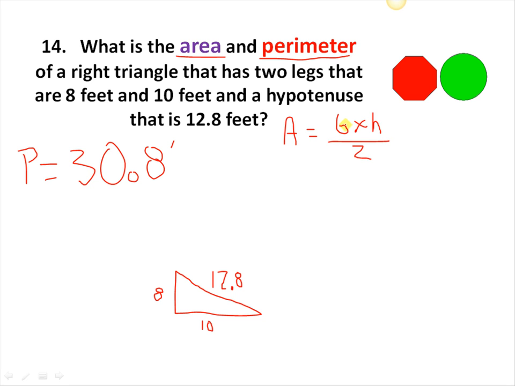Okay, our base is 10, and our height is 8. That's 80. 80 divided by 2 is 40. But 40 is not the correct answer, because that's just a number. I have to say what it means, so it's 40 feet squared, because we're looking for area.